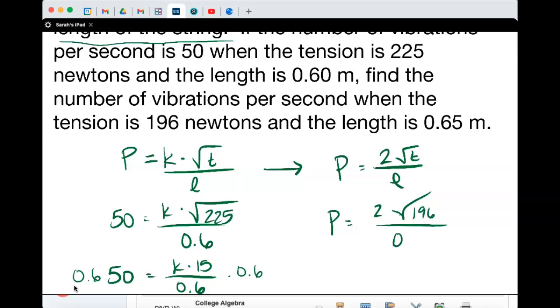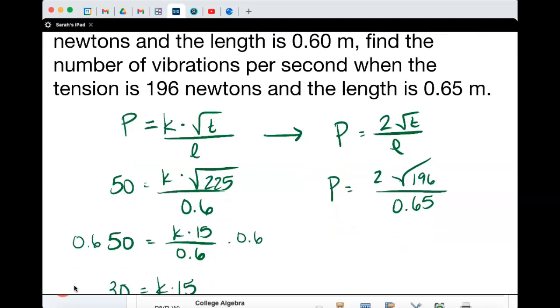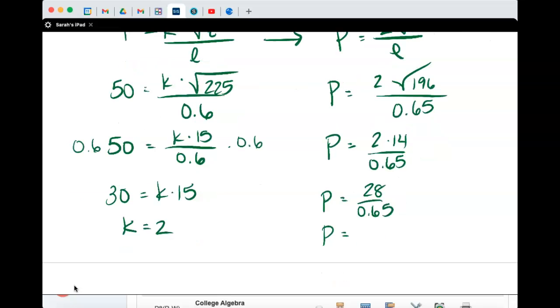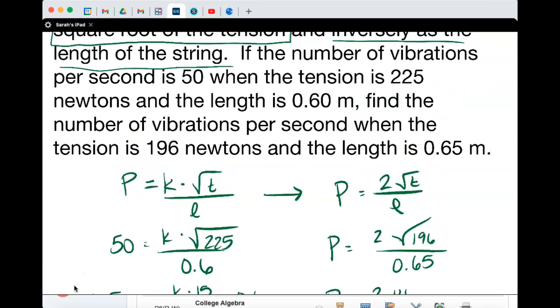Does anybody know what the square root of 196 is? 13 is 169, 16 is 256, so 14. Then 28 divided by 0.6. And then does anybody know what our unit is?